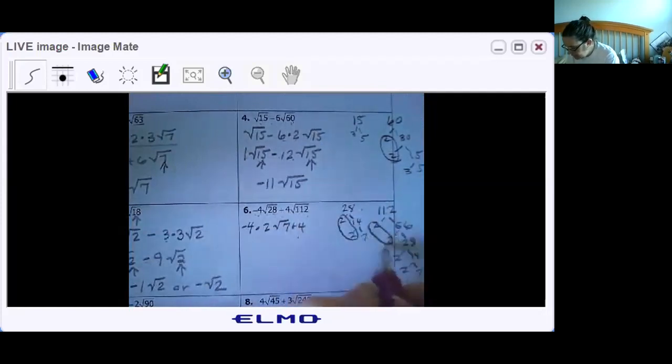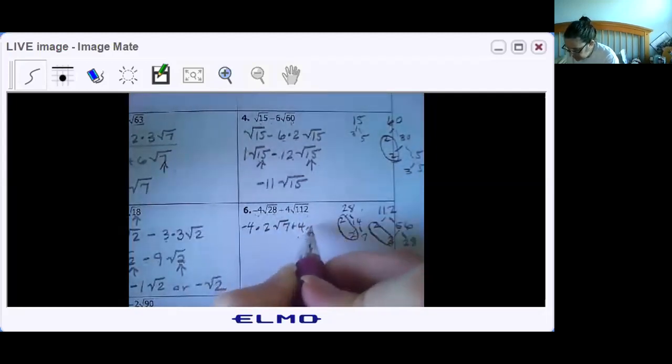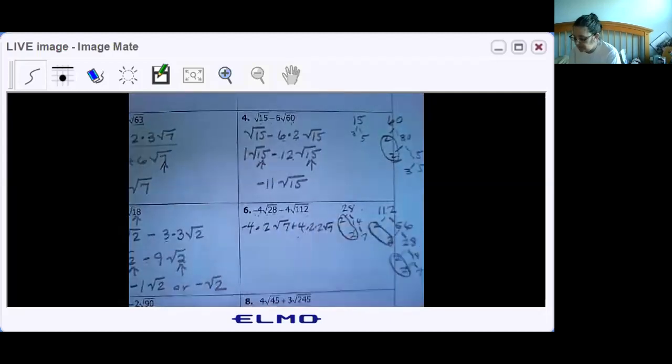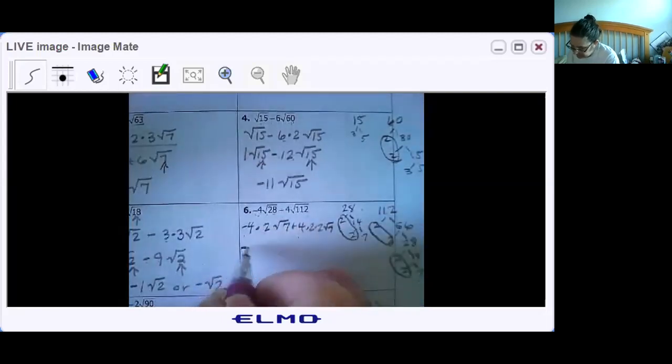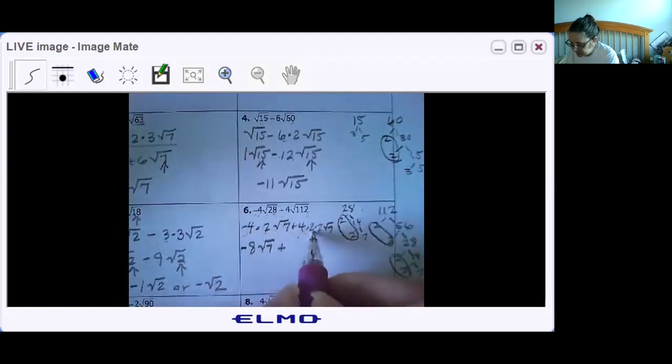We have 2 groups that we're pulling out. So 4 times 2 times 2 times the square root of 7, because our little 7 got left behind. So now I have negative 4 times 2, which is 8 times the square root of 7, plus 4 times 2 is 8, and 8 times 2 is 16 times the square root of 7.